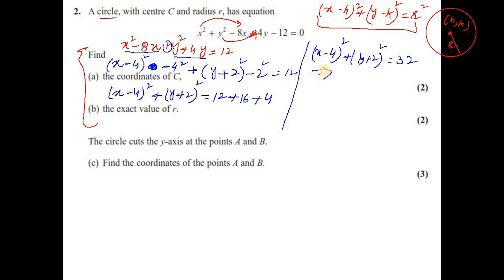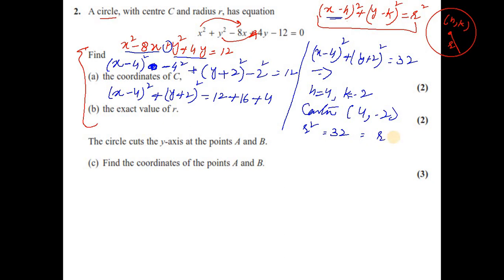So clearly now you can compare. This implies x minus h, and you have x minus 4, so h is equal to 4, comma y minus k, and you have y plus 2, so k is equal to minus 2. That means your center is 4, comma minus 2. And for part B, the exact value of r, if you compare the right hand side, r square is equal to 32.